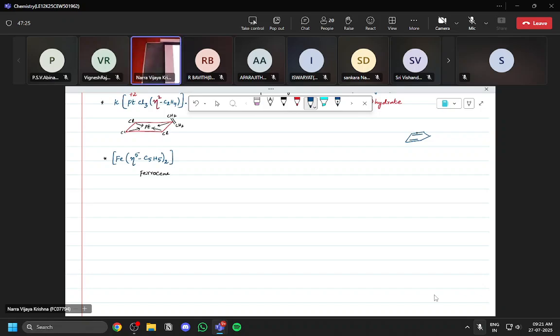Now what about this carbon? That doesn't have a pi electron cloud. How can I make it a pi electron donor? If I take a negative charge, then what happens? Aromatic or not? Don't take a positive charge. If I take a positive charge, what happens? Anti-aromatic compound, highly unstable. Such ligands don't exist. That's why I am taking a negative charge.